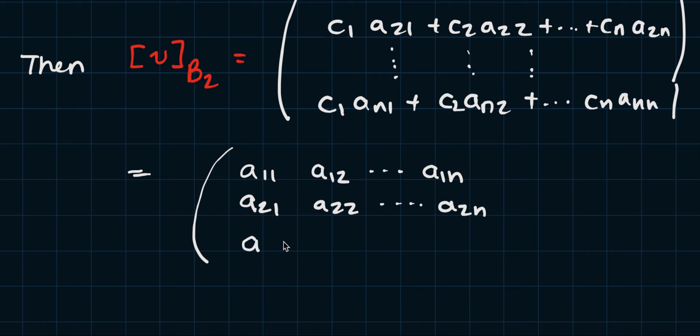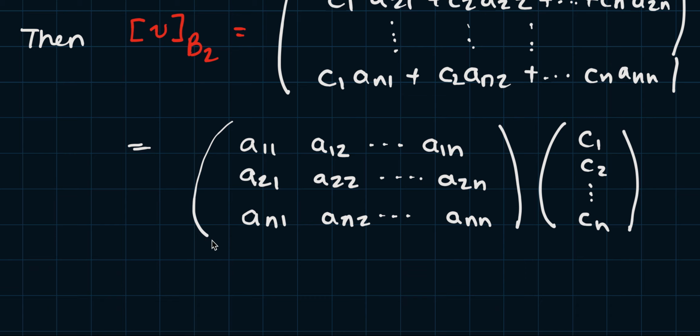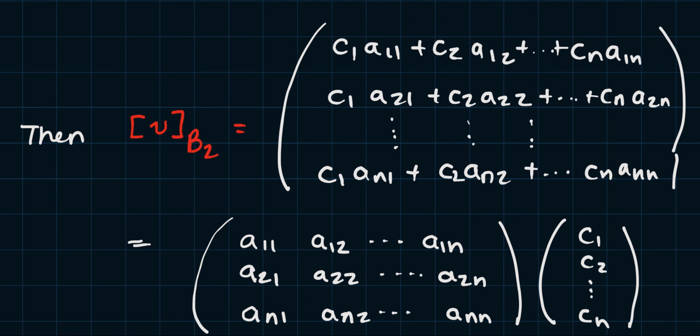This is that matrix A I was talking about in the beginning of this, times C1, C2 to Cn. So this is a product of this matrix with this one, right? If you multiply row 1 with this column, that will be the first entry.